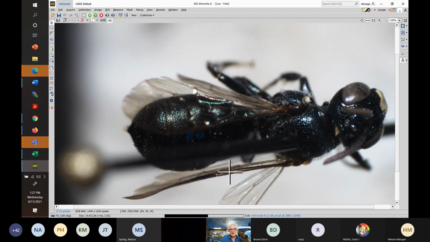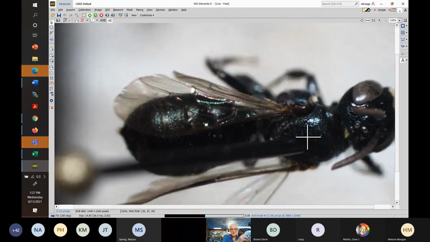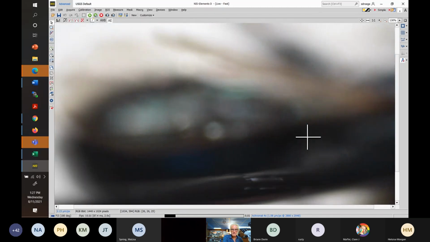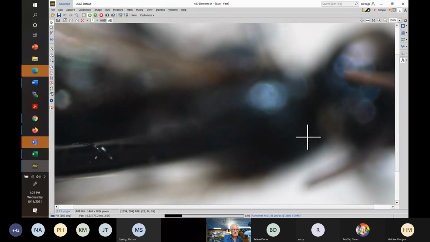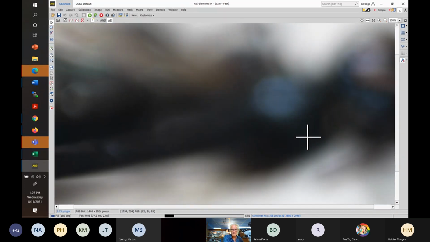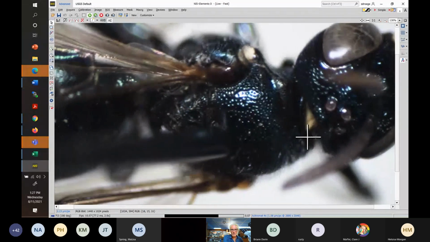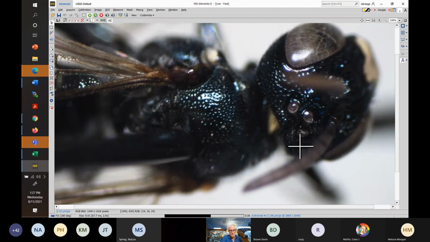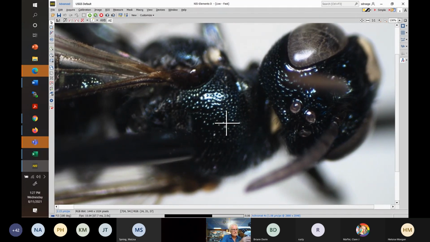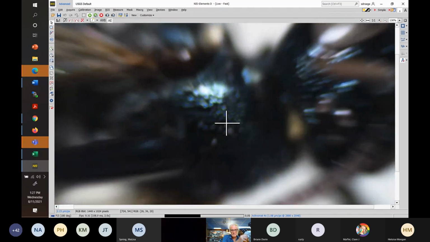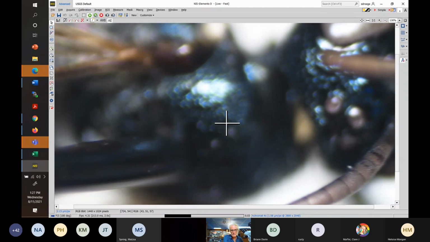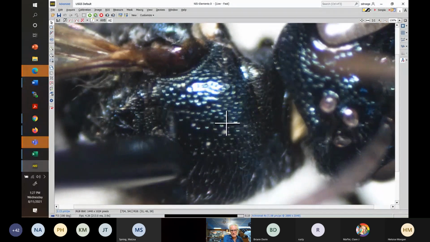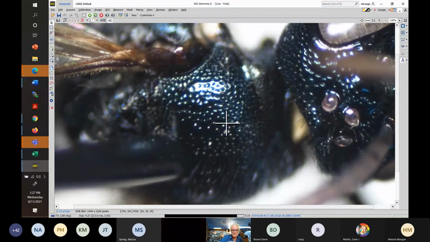Okay, but now that we're in this area, let's go to the scutum. Even though this is the same species as that last one, you will see, as I believe all the males have, that in our magical area between the parapsidal lines, let's see if I can run this all the way up and get the light better.